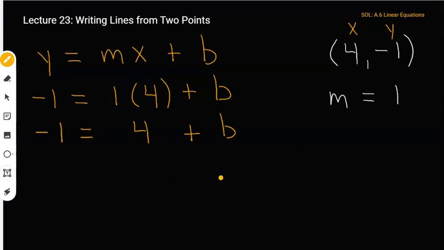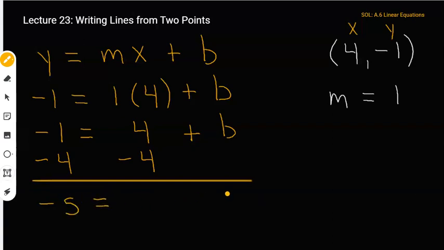So now to get b by itself, I need to get rid of this +4, and I'm going to do that by subtracting 4 from both sides. When I subtract 4 from both sides, they're going to cancel out on the right side, but on the left side, the -1 minus 4 is going to give me -5.